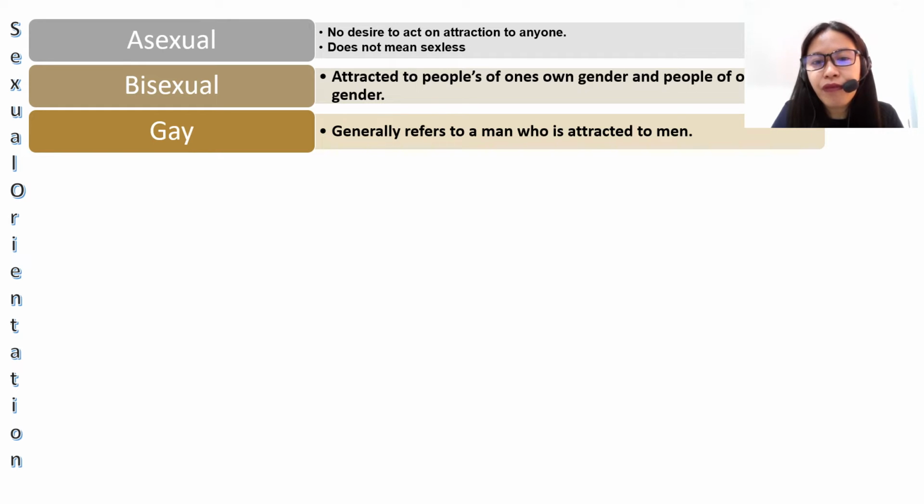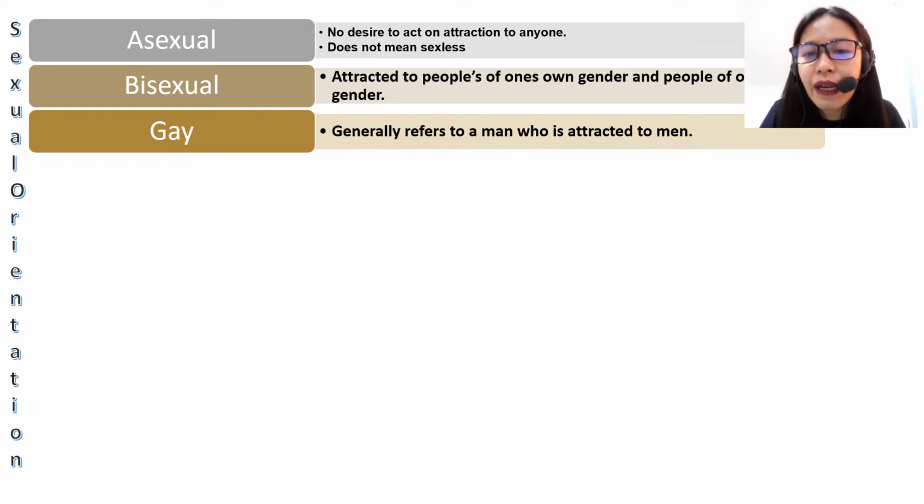Okay? Who knows the gender of a person? It's the person itself. So if sinabi niya sa lahat na ako ay bakla or gay, then therefore he is gay because he himself accepted it.